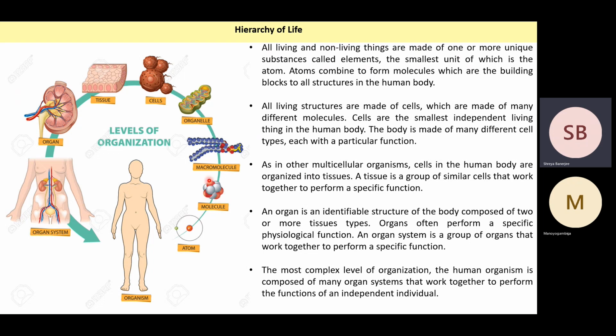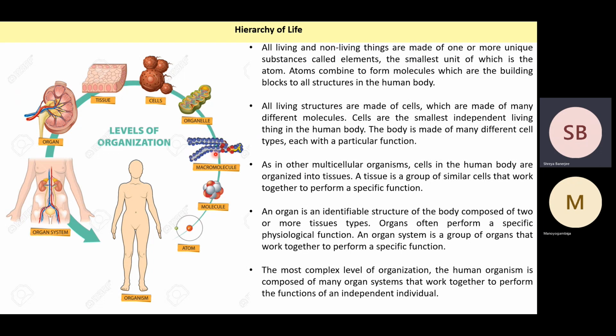Many molecules can come together and form a macromolecule. In the previous class, we learned that there are 4 kinds of macromolecules: carbohydrates, fats, proteins, and the nucleic acids. So from the molecule, you get the macromolecule.